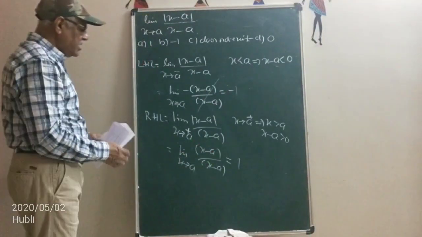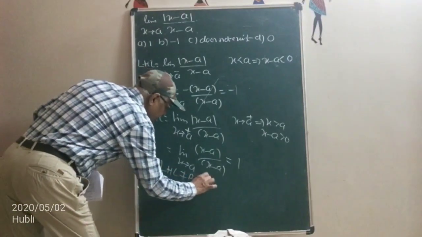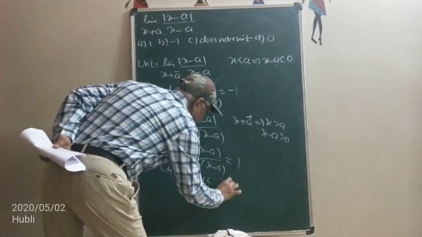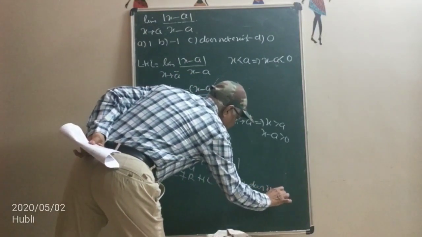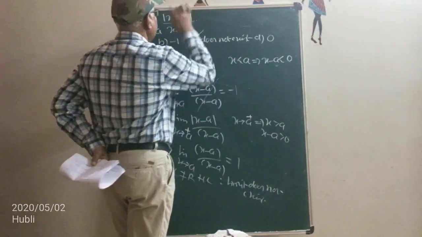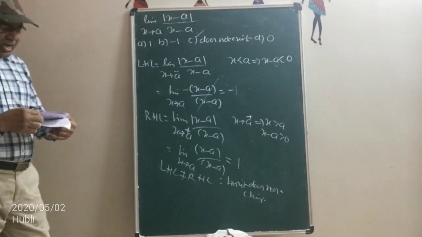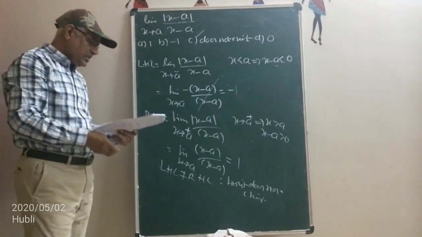What is the right hand limit? Plus 1. So LHL is not equal to RHL. So therefore the limit does not exist. So whenever the modulus function, greatest integer function and the signum function comes, you can write limit does not exist.